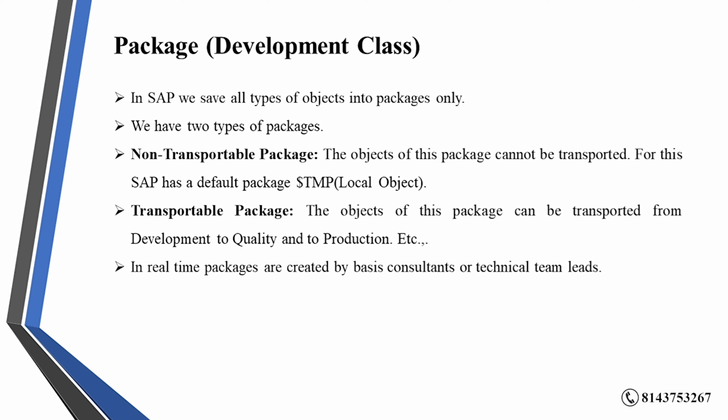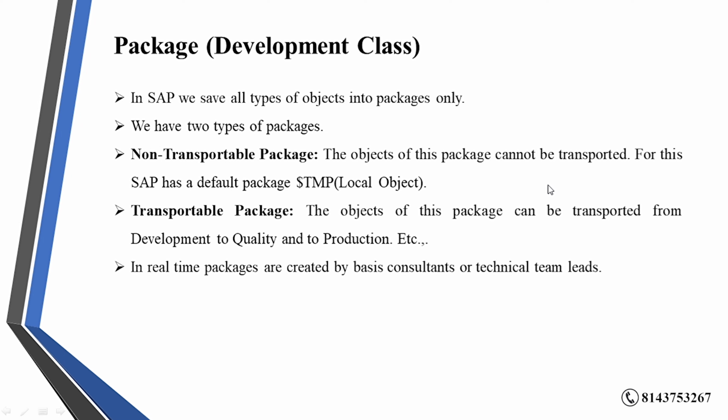That means whatever object you are going to develop in client 100 and store as a local object, I'm again saying non-transportable object, and I'm binding it to a local object. So the object you are developing in client 100 and saving as local won't get transported.